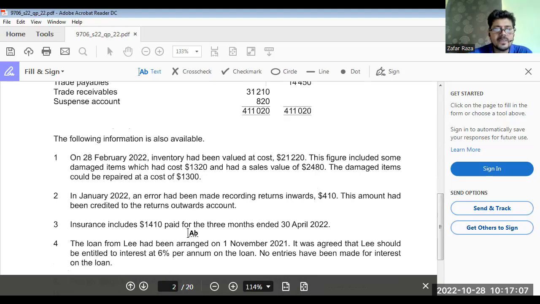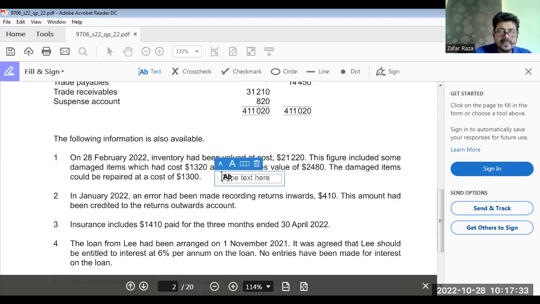Now on 28th February 2022, inventory had been valued at a cost of $21,220. Now this figure includes some damaged items which had cost 1,328, with a sales value of 2,480. Now selling price, what we have to learn here.